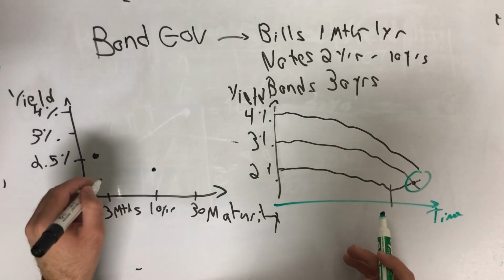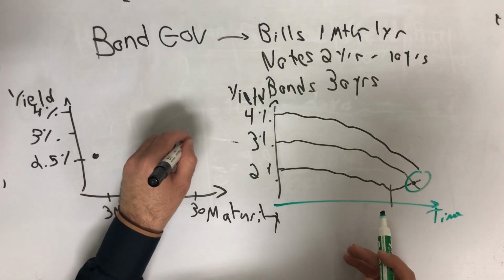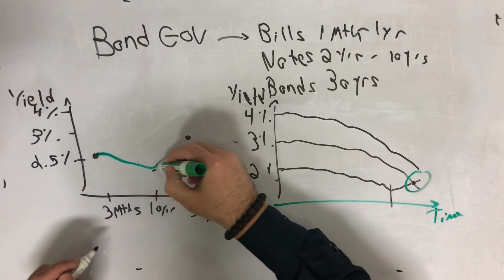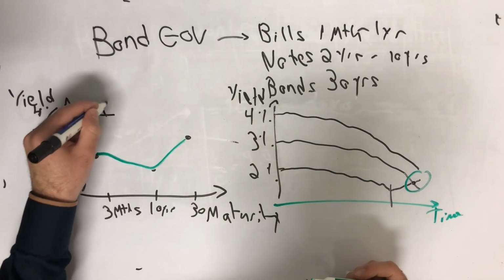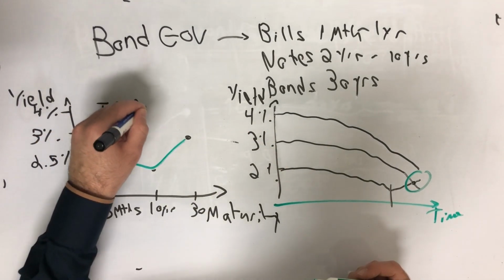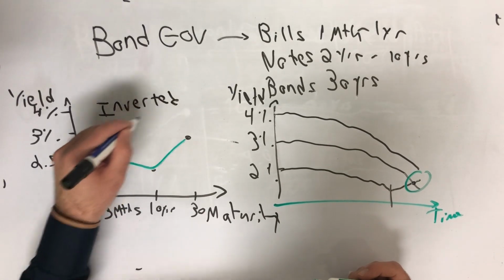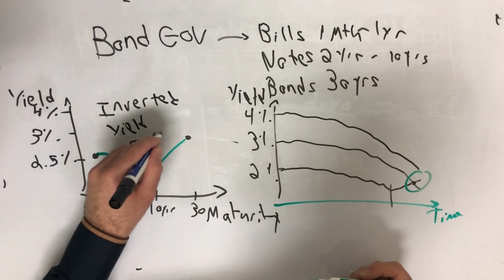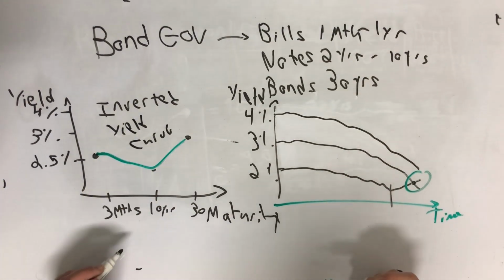And the 30 years, which is still higher than both of them, would be over here. Okay, and if we want to make right now a curve, it would look something like that. And that's what an inverted yield curve is.